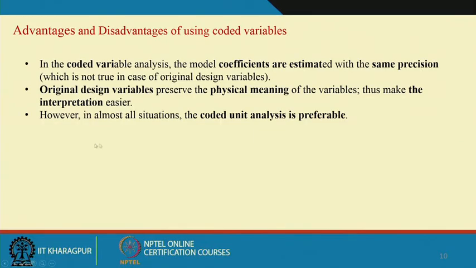Whatever may be the case, the coded variable is advantageous and preferable in analyzing experimental data, particularly in a 2 to the power k factorial design situation, because you have already seen that even if you have the regression equation or response surface in coded variable terms, it can be converted to original variables quite easily.